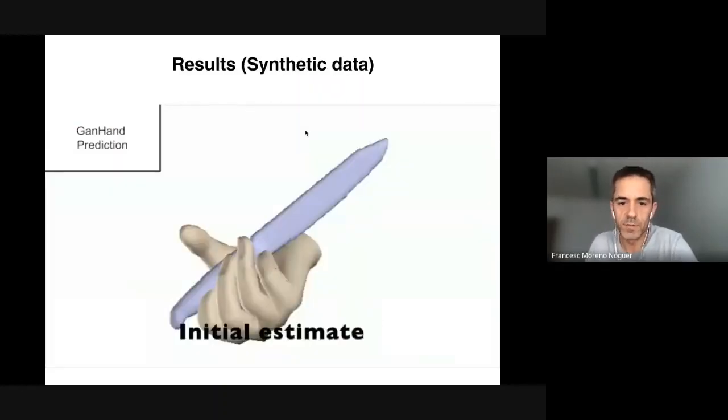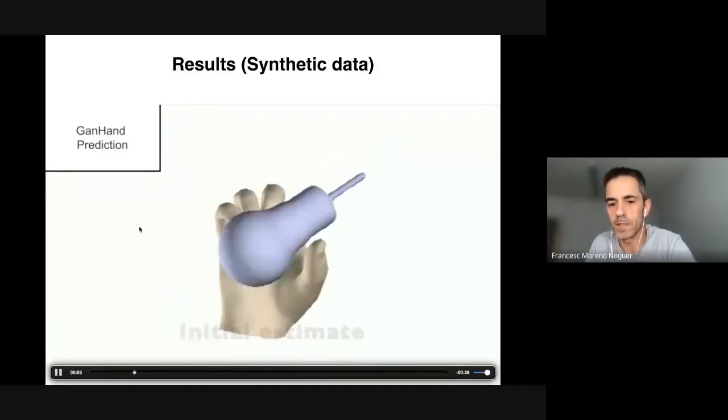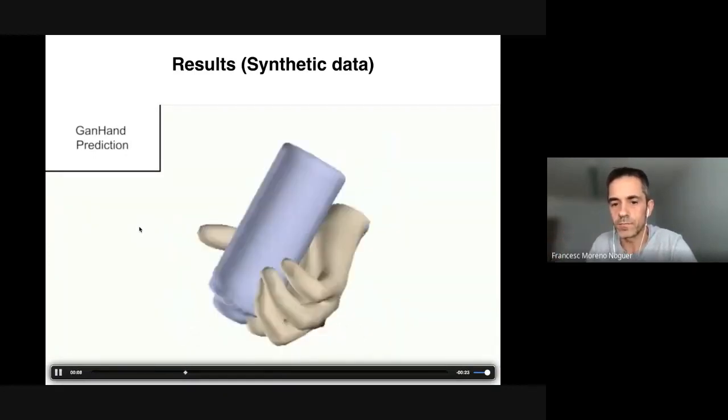Some results on synthetic data. First I'll show you the initial estimate before doing the refinement, and then the results after doing the optimization. You'll see that after doing the optimization, the grasp is highly refined.